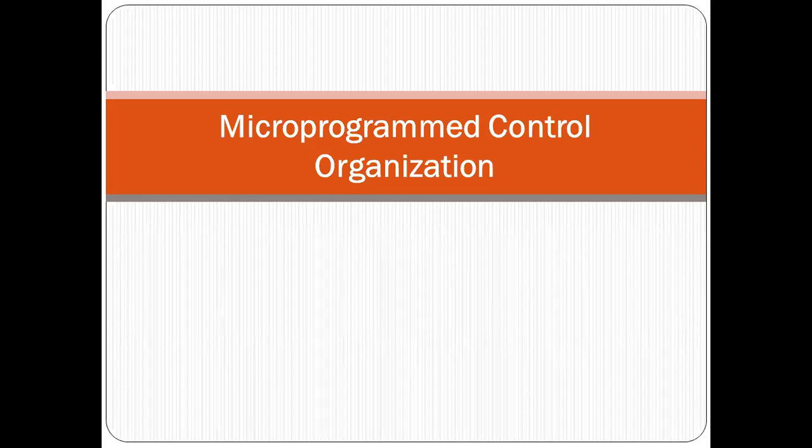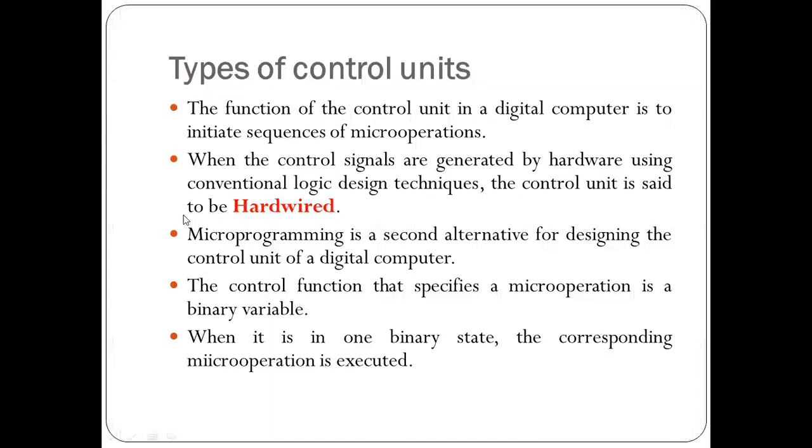Okay, the second alternative method is microprogrammed control organization, right? So here, let us see the principle involved. In microprogrammed control organization, the basic control function, whatever we want to implement, specifies a micro operation in the form of a binary variable.